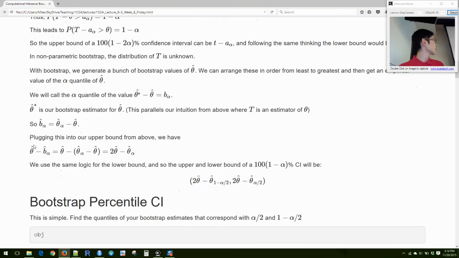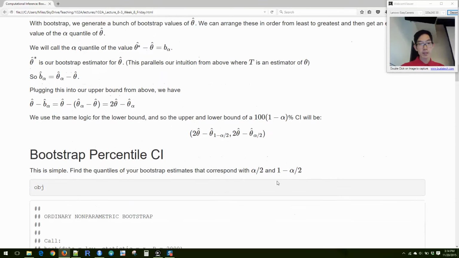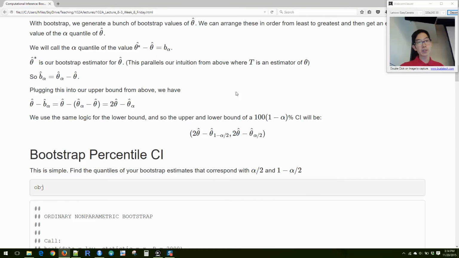Plugging this into our upper bound and our lower bound, we would have theta hat minus b hat sub alpha, which gives us the upper bound of the confidence interval, 2 theta hat minus theta hat sub alpha. Then adjusting so that we have a 1 minus alpha confidence interval, we divide by 2. So this is the basic bootstrap confidence interval. I don't know why it's called basic, but that's what we have.